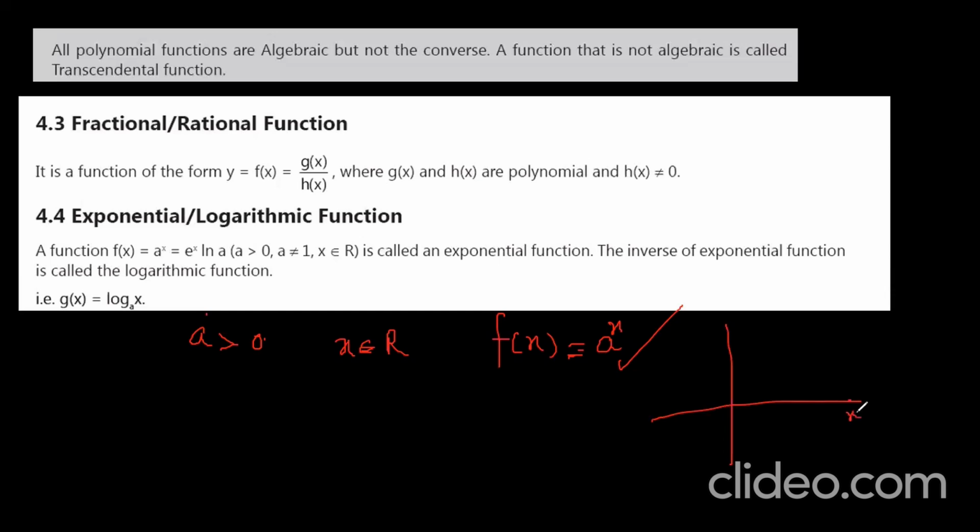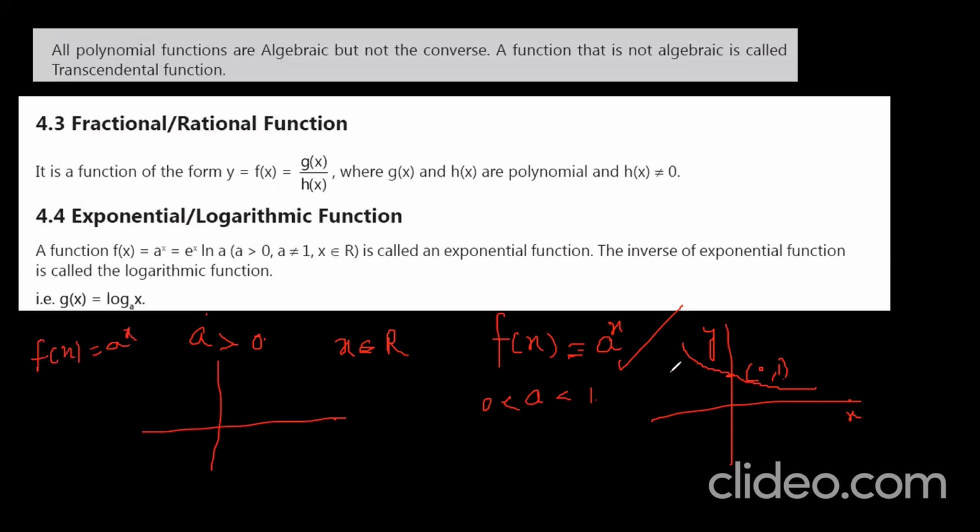So this is x and this is y. Say I am taking 0, comma 1 as one point. It is going to be like this. This is called the exponential function. This is the graph if a lies between 0 and 1. And suppose I am taking a greater than 1, f of x is equal to a power x.